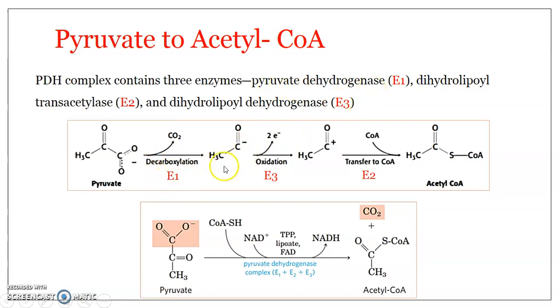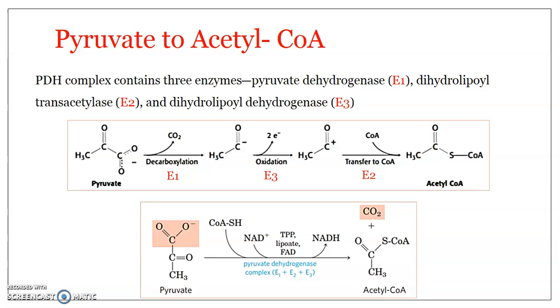The product is the acetyl TPP complex, that is, an activated acetaldehyde, and carbon dioxide is released. That is why it is known as a decarboxylation process. Now, this enzyme, pyruvate dehydrogenase, requires the presence of magnesium ions as well as TPP as a cofactor.